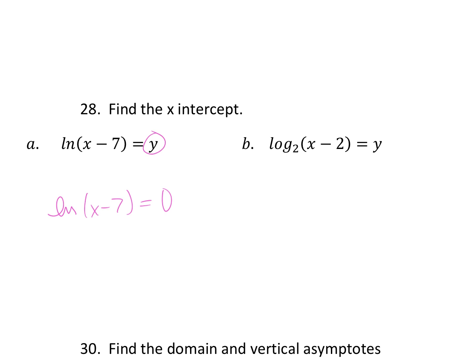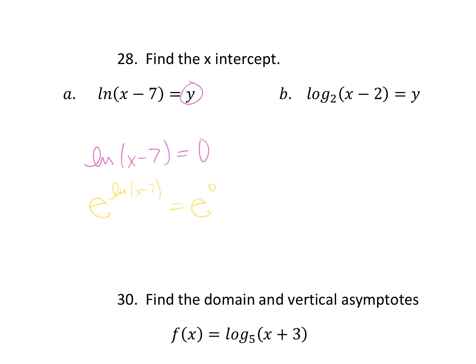What's the inverse of ln? e. So I'm going to use e, and then everything goes in the exponent, right? What you do to one side, you do where? To the other. So e and ln cancel. You have x minus 7 equals, what is e to the 0 power? 1. I'm going to add 7. So what does x equal? Perfect.